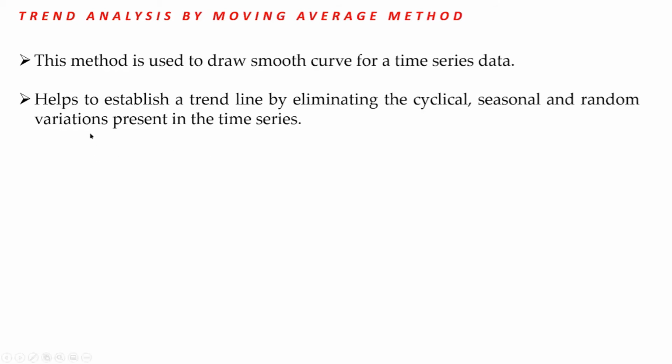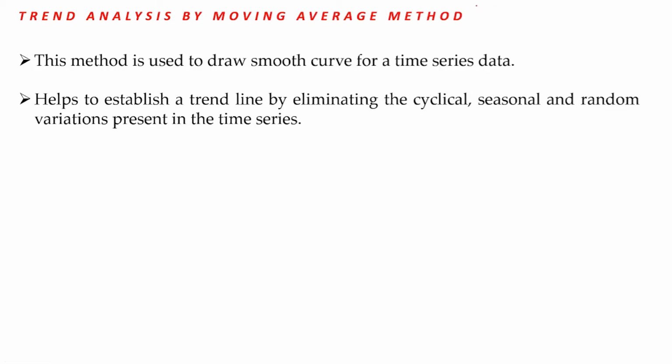The first one is trend analysis by moving average method. This method is used to draw a smooth curve for the time series data. So here this moving average method establishes a trend line by eliminating cyclical, seasonal and random variations which is present in the time series. So that is the use of moving average method. Now this method we are familiar.